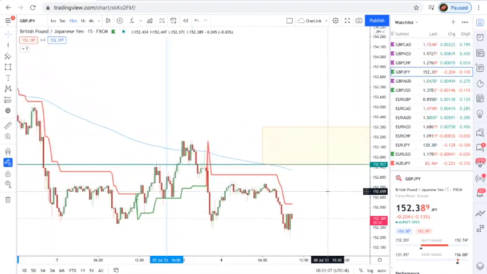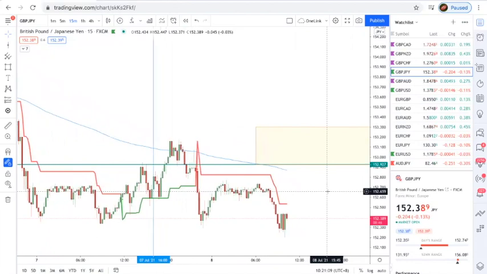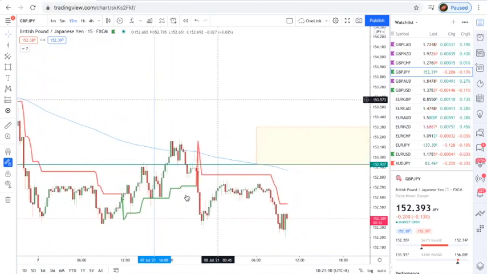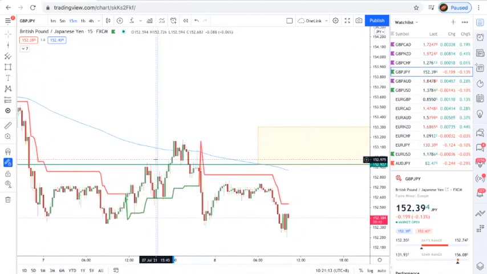So yesterday, what happened? It gave you a buy signal here, but the price is below the moving average. Do you take this buy signal or not? No. You don't take the buy signal, isn't it?